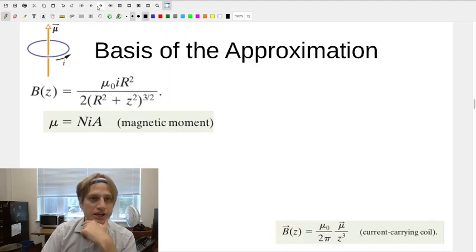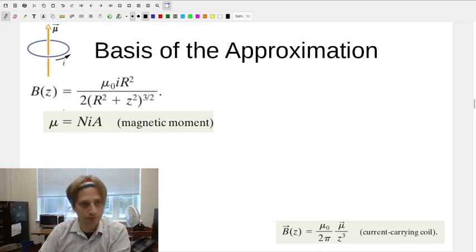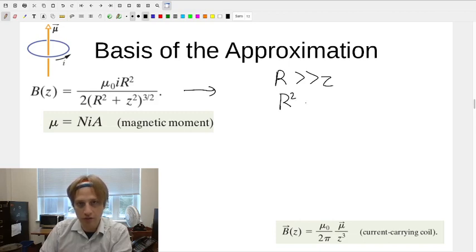Now let's just see how that works. Here's our exact analytic expression for B that we would get if we apply the Biot-Savart rule. Now, let's make an approximation. If R is much bigger than Z, R squared plus Z squared is going to look approximately just like Z squared.